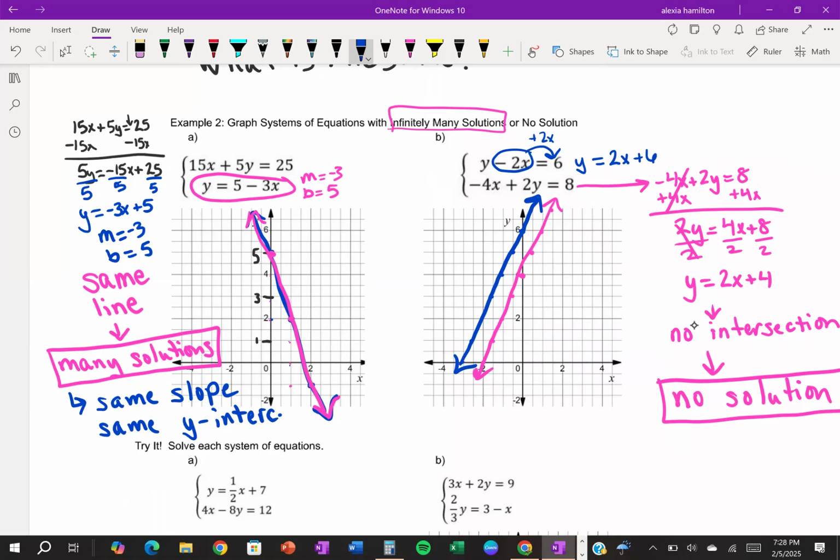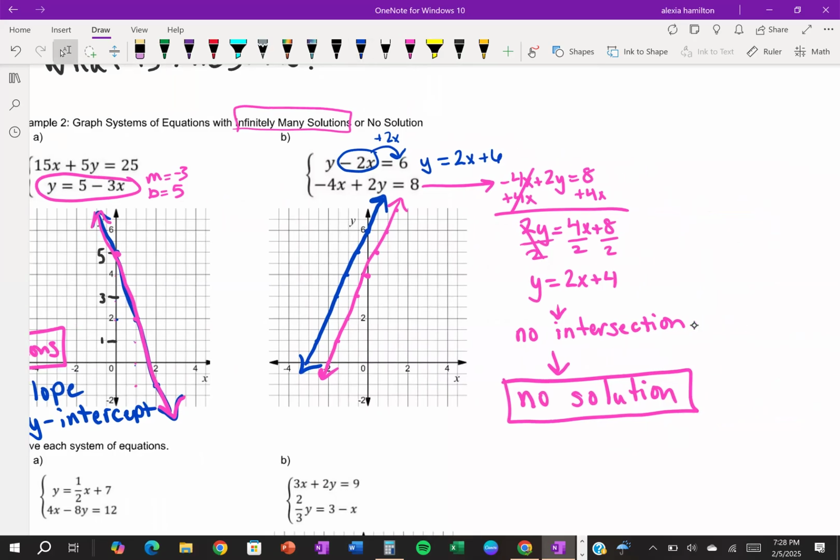Okay. Well, what about over here with our no solutions? If I look up at my top equation, I have a slope that's 2 and a b that's 6. And my second equation that I graphed in pink, my slope is 2 and my y-intercept is 4.